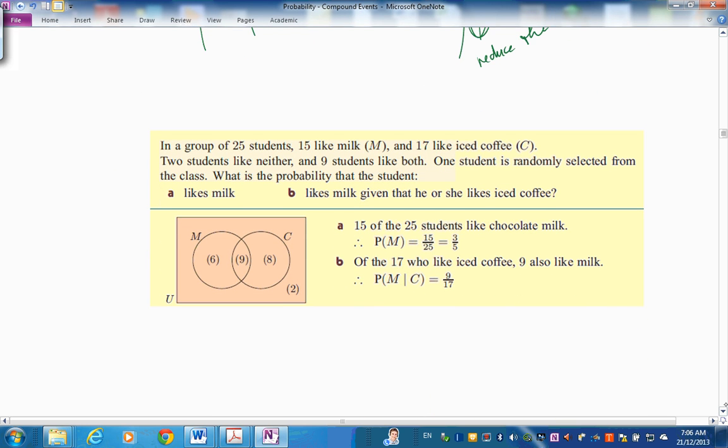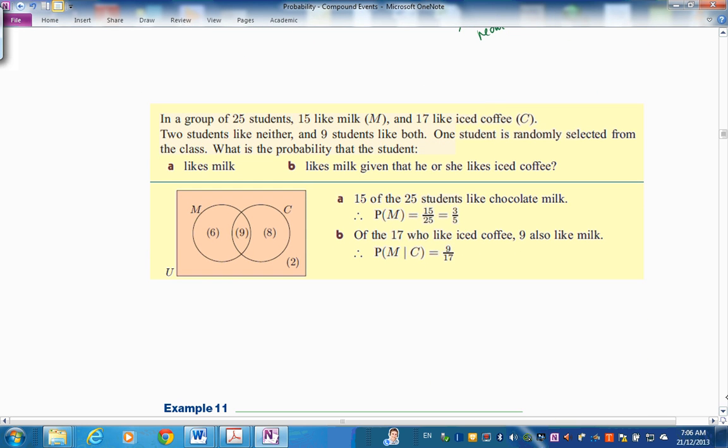This one's from Hayes and Harris. In a group of 25 students, 15 like milk, 17 like iced coffee, 2 students like neither, and 9 students like both. Let's see if we can put this together. First of all, a group of 25 students. There are 2 outside, and they use the universal set here.